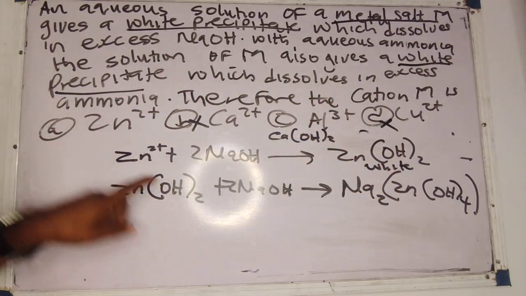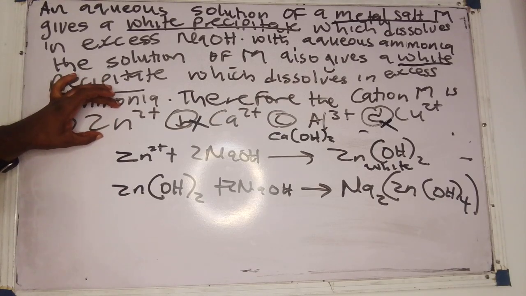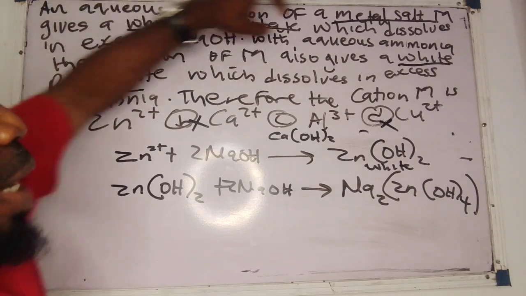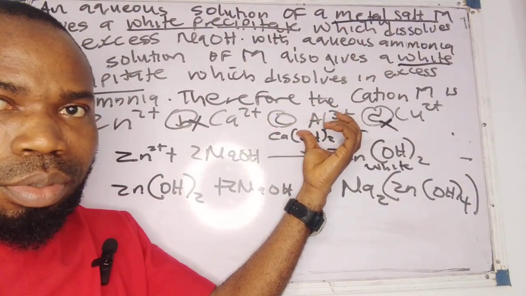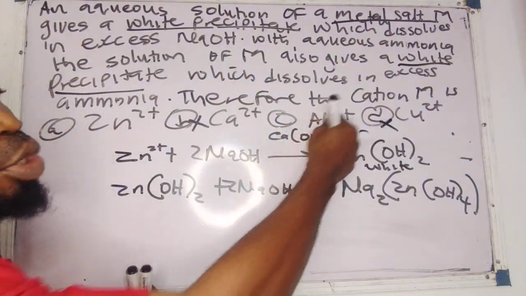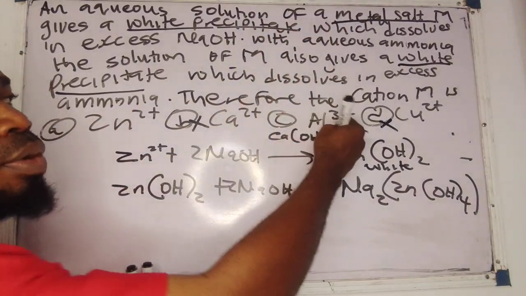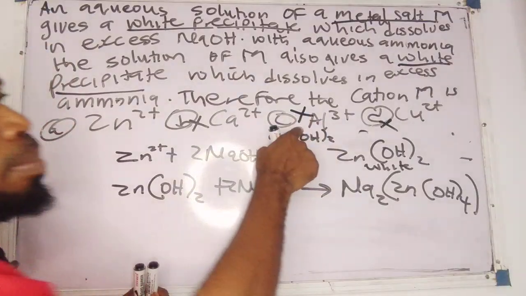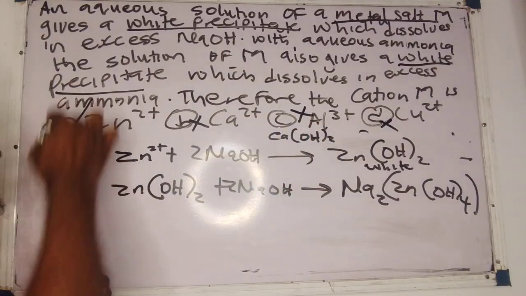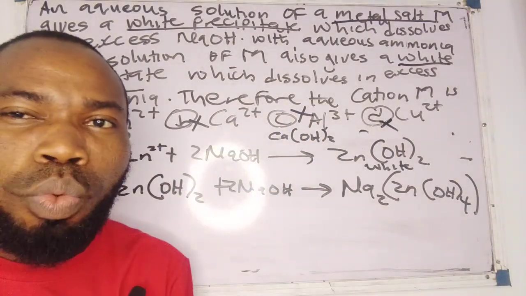But the problem is that zinc dissolves in excess of both sodium hydroxide and aqueous ammonia, but aluminium does not dissolve in excess ammonia. That is where the problem lies, so aluminium is not correct. The answer is zinc. So you can see how we are able to analyze.